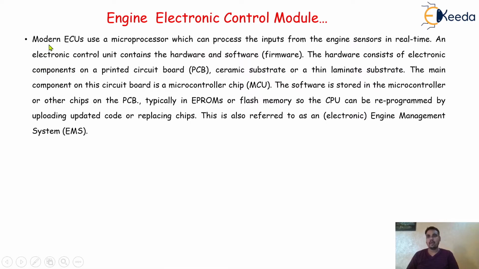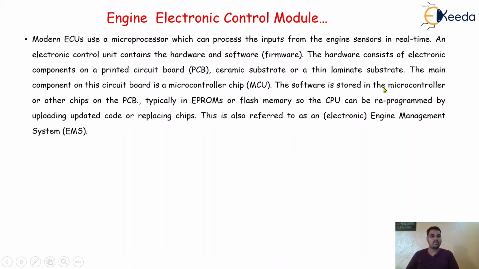Modern electronic control units use a microprocessor which can process the inputs from the engine sensors in real time. An electronic control unit contains hardware and software, that is firmware. The hardware consists of electronic components on a printed circuit board, PCB, ceramic substrate, or thin laminate substrate. The main component on this circuit board is the microcontroller chip, that is MCU, or microcontroller unit.